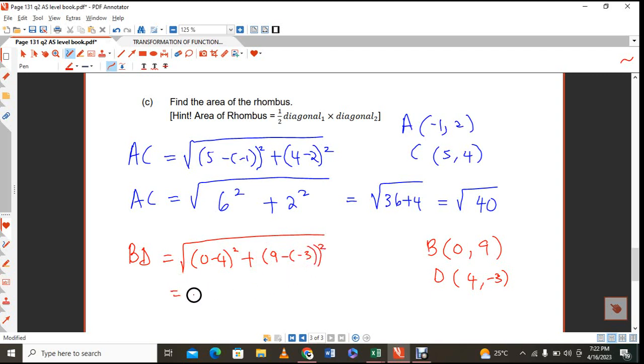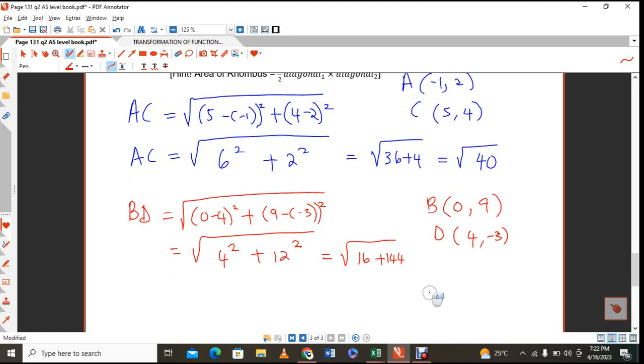That gives me 4 squared here, and then positive 12 squared, and eventually this gives me 16 plus 144. Okay, let's just go down so we can have more space. Therefore, BD is going to be root 160. So that is root 160 units, and that's root 40 units.